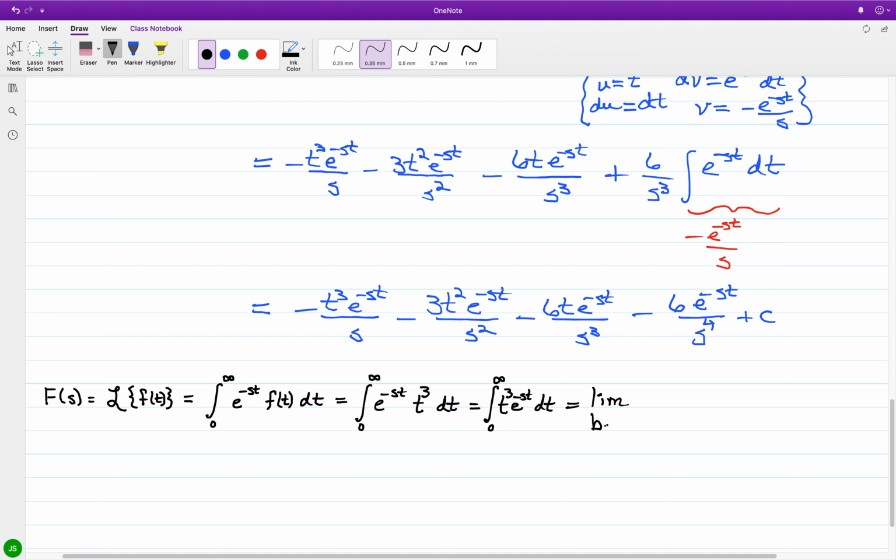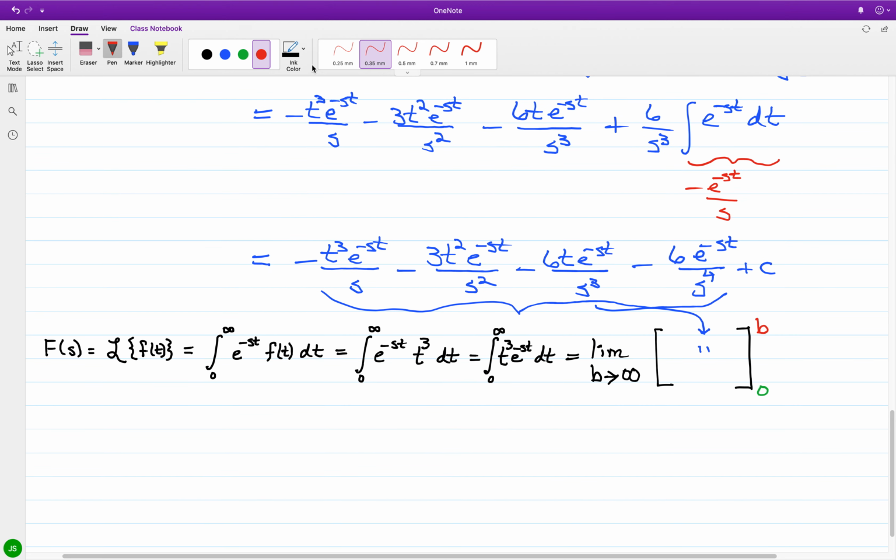So with the improper integral, I'm just doing a little bit of a shortcut. Say I had the limit as b approaches infinity, and take this whole set of terms prior to the constant, evaluated as t goes from 0 to b as b approaches infinity.